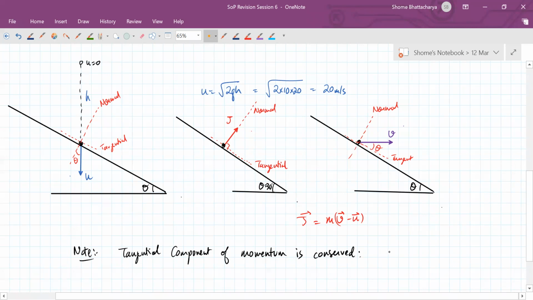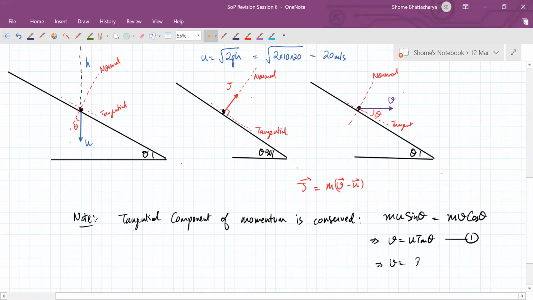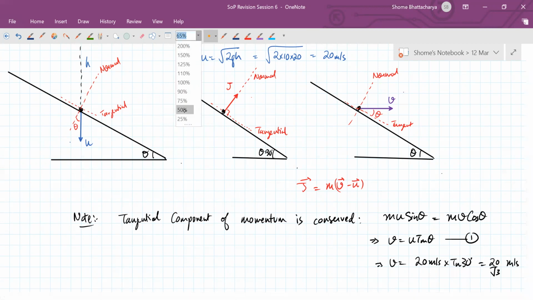The tangential component of momentum before impact was mu sin theta, whereas just after impact it is mv cos theta. So this tells us that v is equal to u tan theta. This is our first equation, and from this, v is equal to 20 meters per second multiplied by tan 30, so it is 20 by root 3 meters per second. That becomes the first important result.